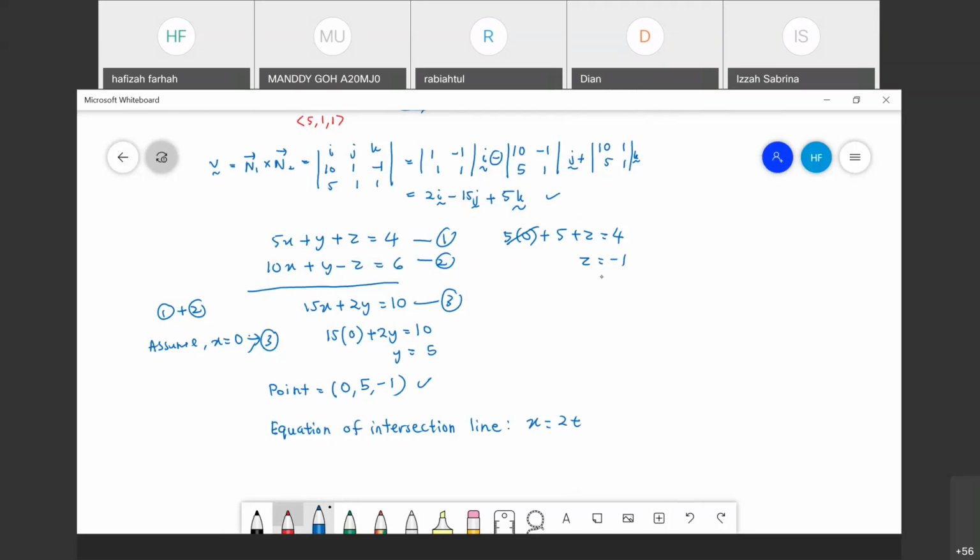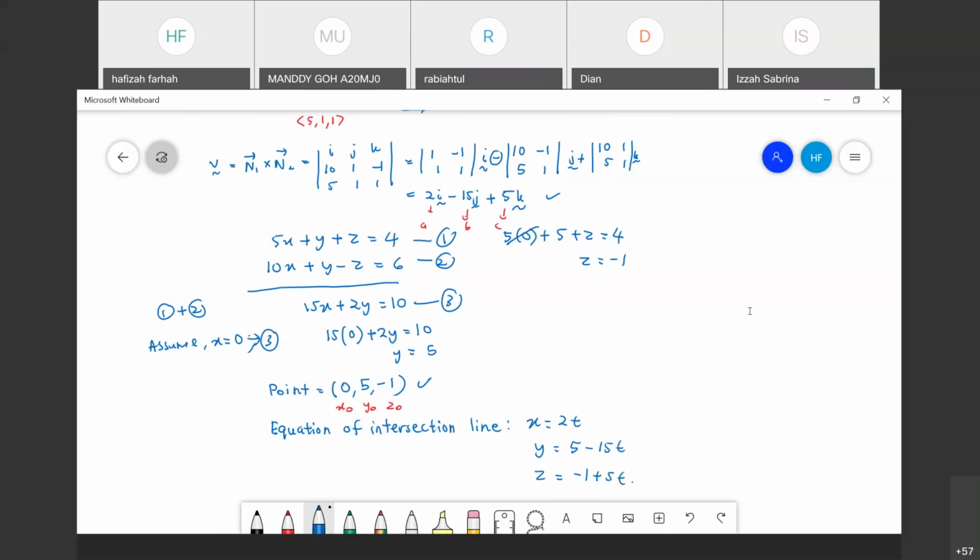So this will be our a, b, and c, and this will be our x naught, y naught, and z naught. So y will be equal to 5 minus 15t, and z is equal to negative 1 plus 5t.